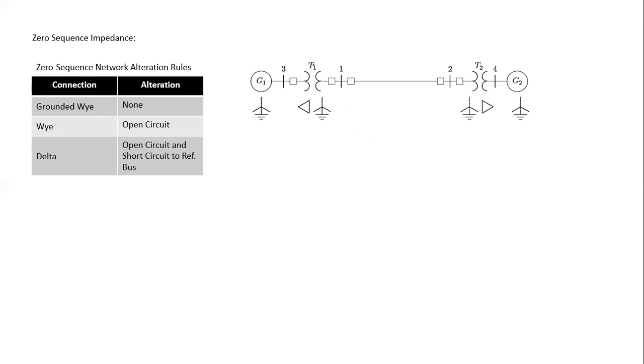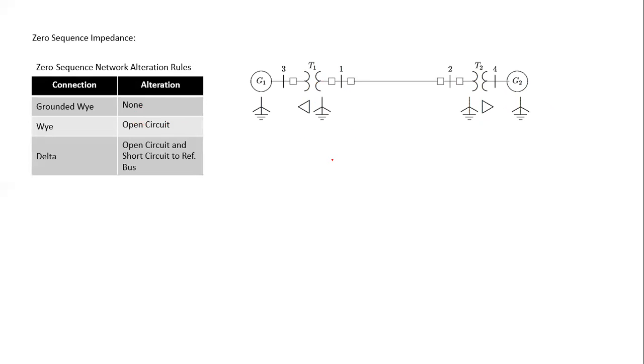For T1, the primary side is delta, so we will consider this alteration, and the secondary side is grounded Y, so there is no alteration for the secondary side. T2 is similar to T1, and G2 is grounded Y, so there will be no alteration.